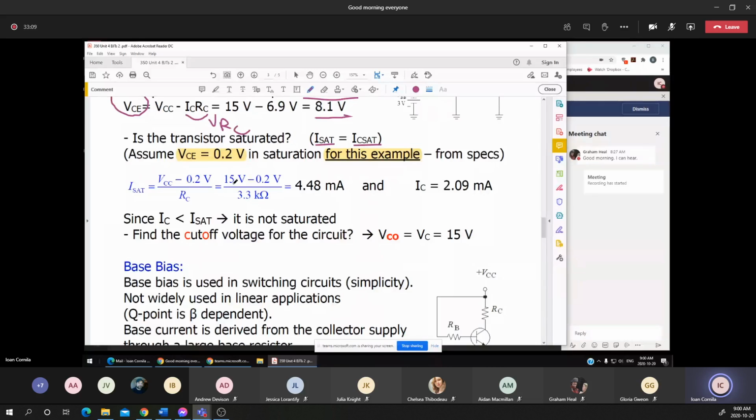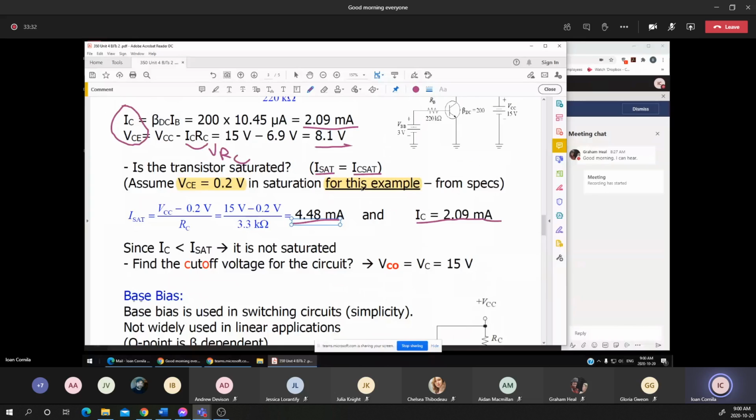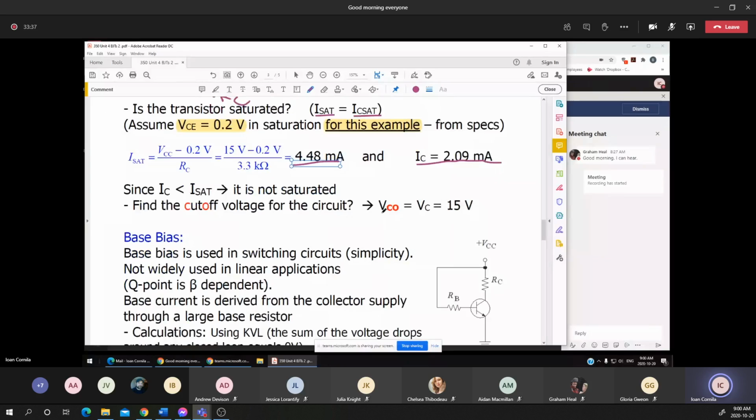In this example, I'm choosing again the real value of 0.2 volts, and it's 15 minus the VCE sat over the RC, which makes the saturation current, or the maximum current that can flow through the transistor in this circuit, 4.49. Now, the IC that we just determined is about 2.09, which means this transistor is placed in the mid-range, or the midpoint, of the load line.